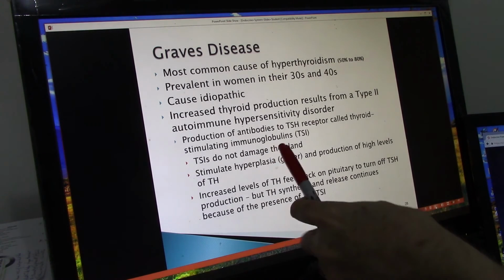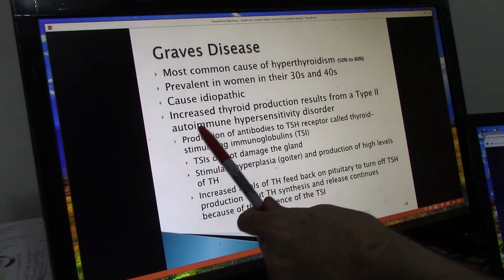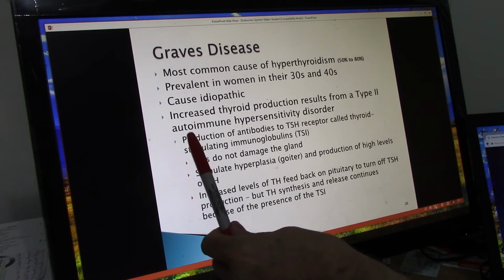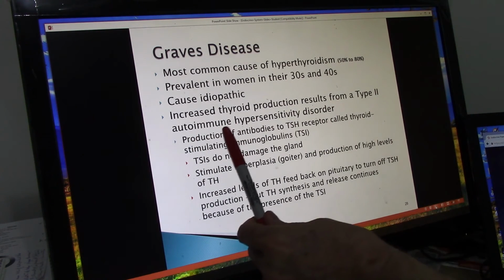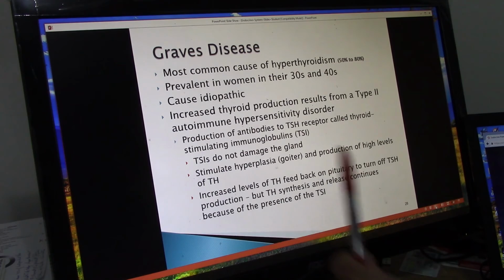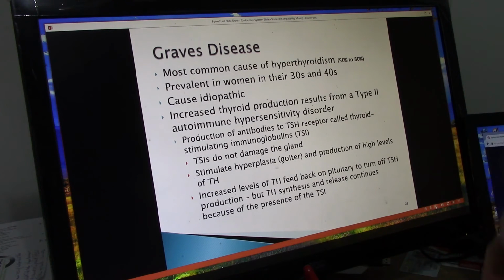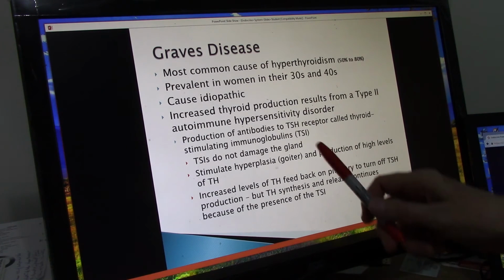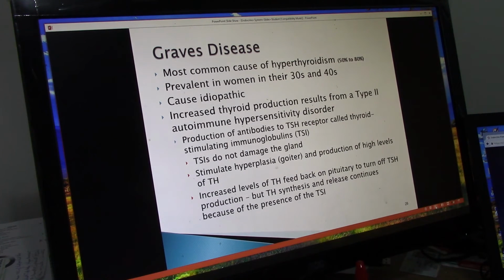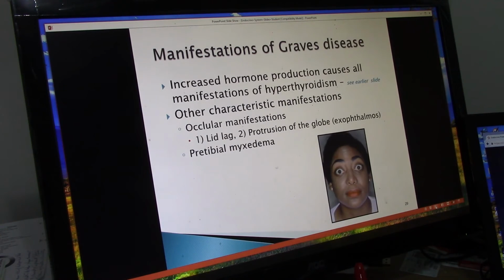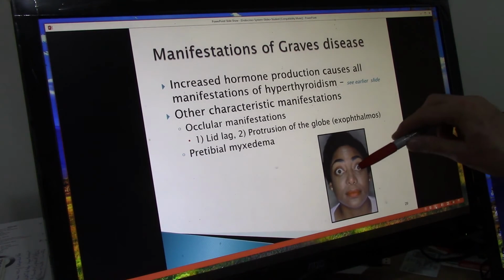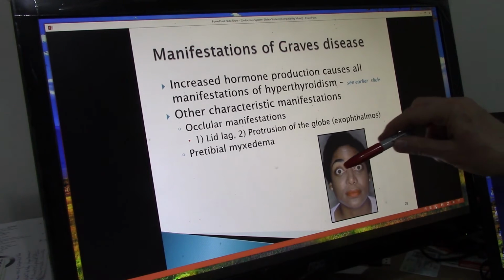We don't really know what the cause of it is. We don't really know what triggers it, but we do know that the body basically attacks itself, and it sends antibodies to stimulate the release of TH from the thyroid, and you can read about that. That's Graves' disease. Manifestations, here's your bulging eyes, your exophthalmos.